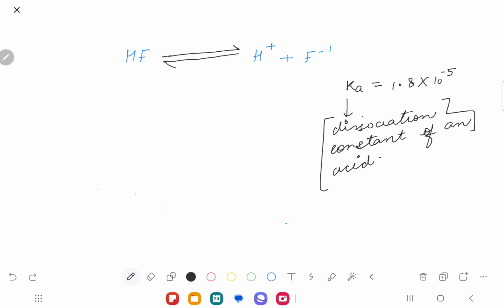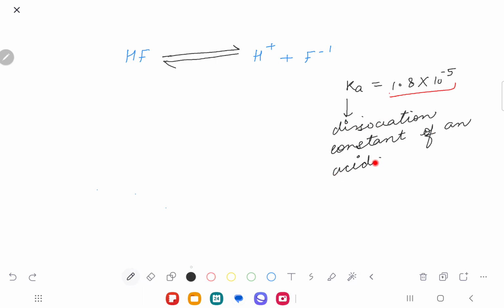So when we talk about the dissociation constant of an acid, first of all, understand one thing. If this value is very high, what is this dissociation constant? Because it is an equilibrium constant only, but it has been given a special name as the dissociation constant of an acid. I hope you're understanding.